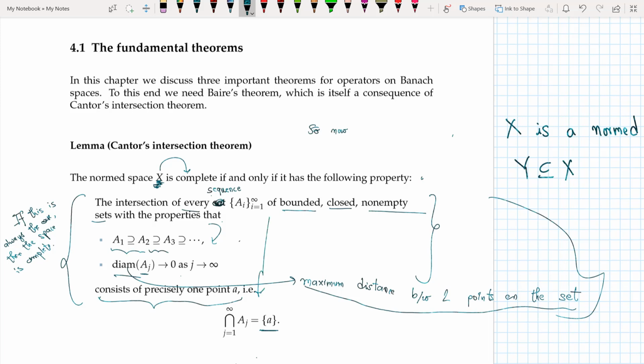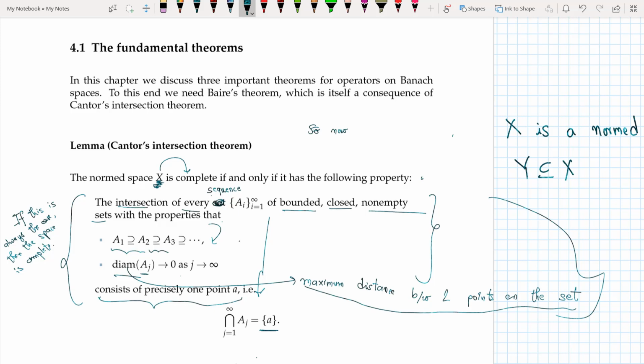So that's Cantor's intersection theorem: the intersection of a sequence of bounded, closed, non-empty sets, with the property that they are contained within each other, the successive sets being subsets of the previous sets, and the diameter of the sets tends to 0 as j tends to infinity, consists of precisely one point.